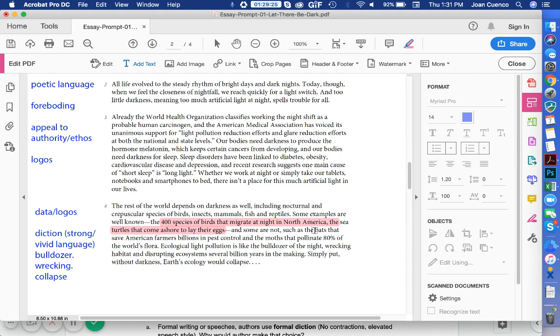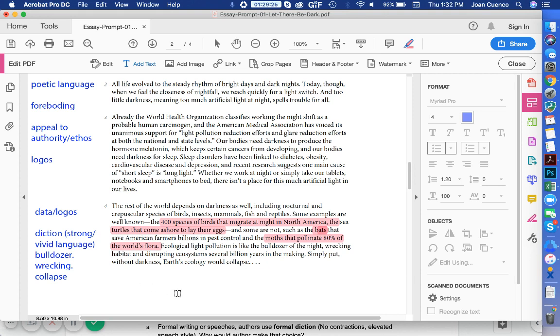The bats and moths that pollinate 80% of the world's flora, that's a pretty strong statistic. So yeah, there's definitely statistics used in paragraph 4 to help strengthen the author's argument that this is an urgent problem. Okay, so looking at your notes, let's go over what the basic essay structure is.